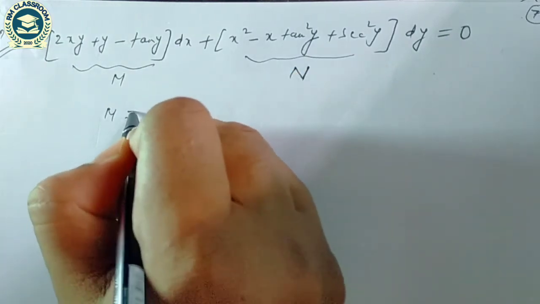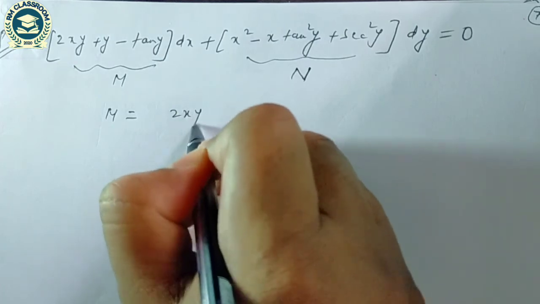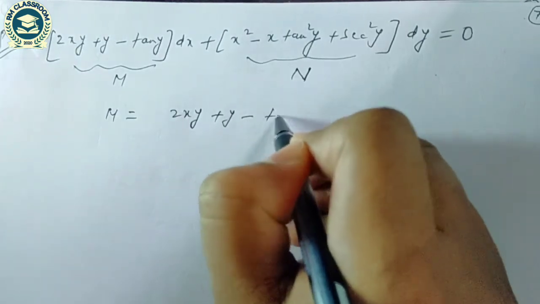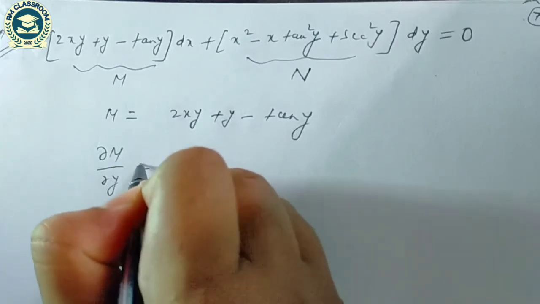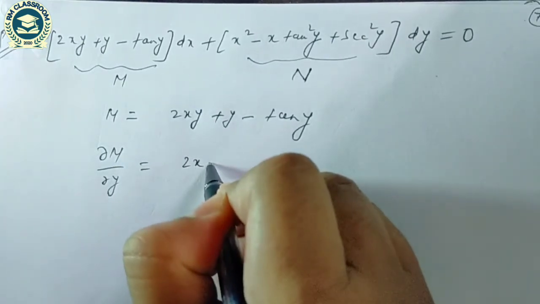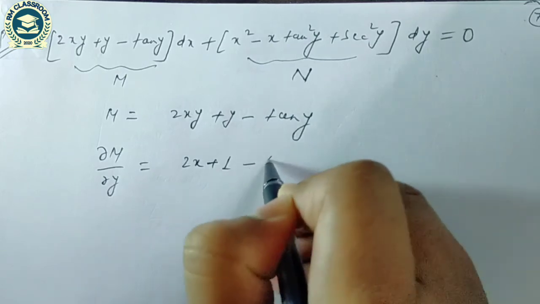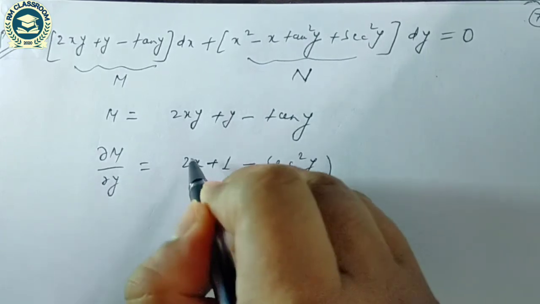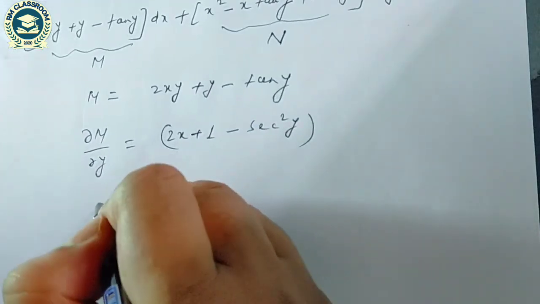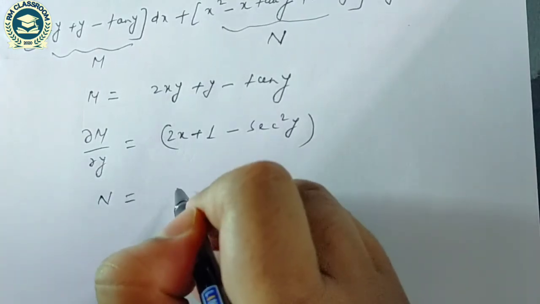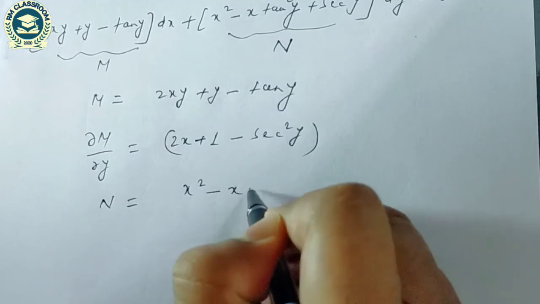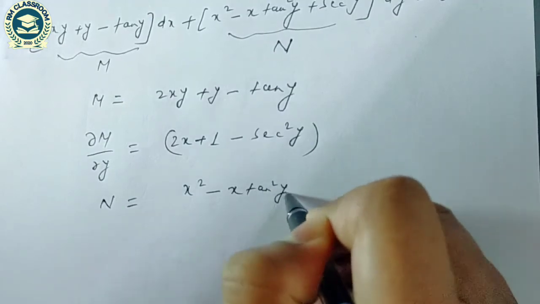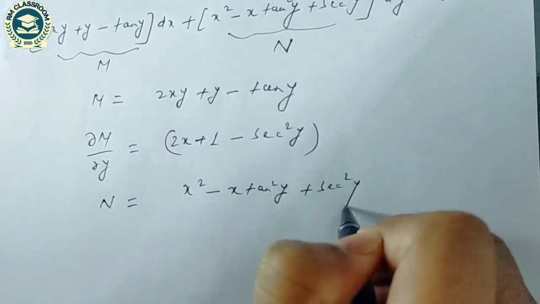So M is equal to 2xy plus y minus tan y. So del M upon del y is equal to 2x plus 1 minus sec square y. Similarly, N is equal to x square minus x tan square y plus sec square y.